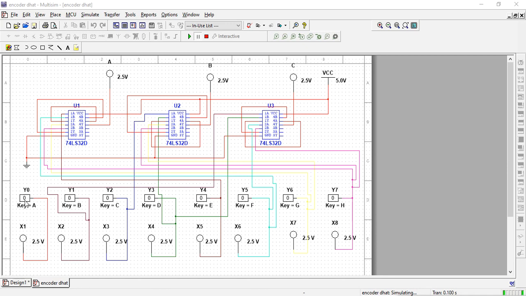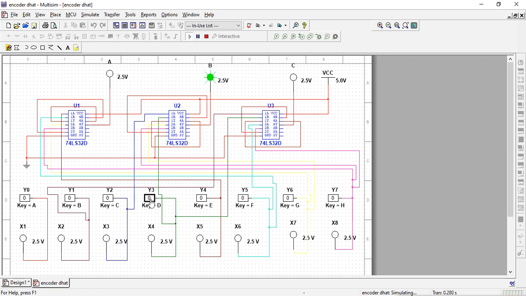If I enable Y0 and run, we get no output from A, B, C. Then enable Y1, we get output from C. And if I activate Y2, I get output from B.